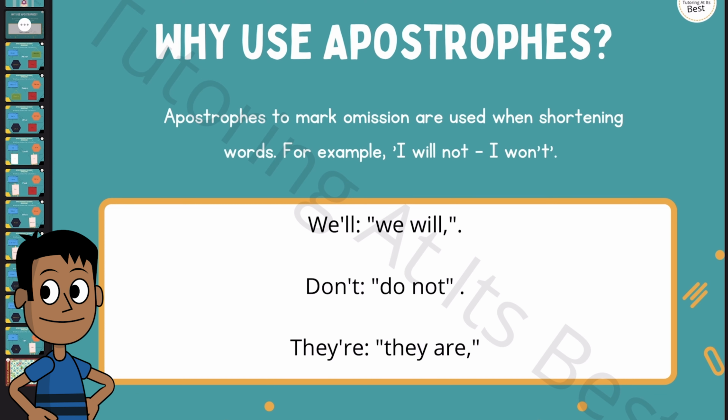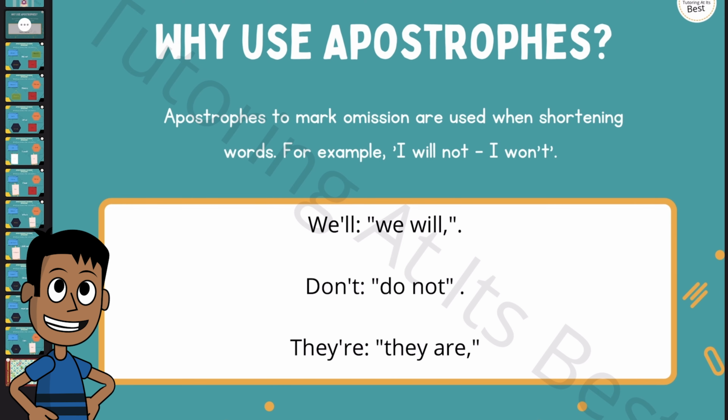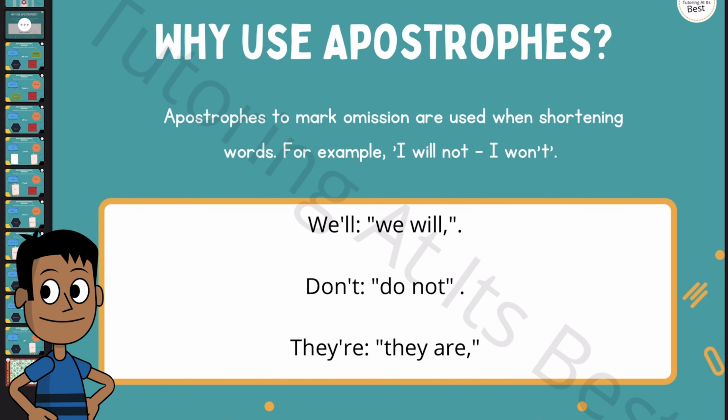And when words are contracted, letters or syllables are omitted, this makes the speech or even writing faster and more fluid. And even if we take the second example, don't, which is shortened for do not, the omission of the letter O and the space between the words streamlines the expression without changing its meaning. And this is especially useful in everyday conversations and informal writing where speed and clarity matter.